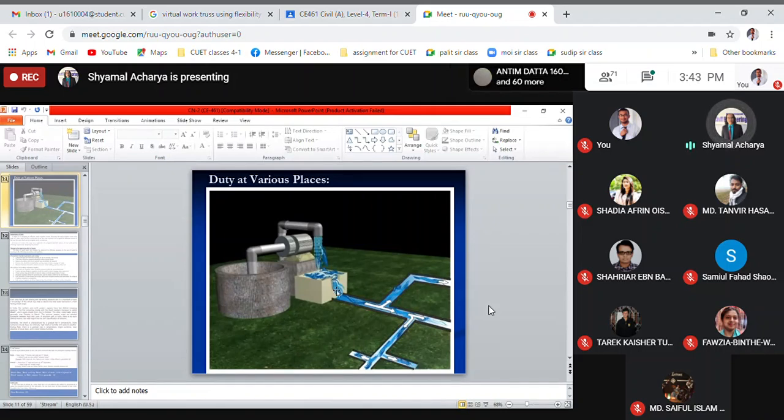But whenever you are calculating water from here, whenever it is proceeding towards this direction, a huge amount of water will be lost because of different reasons. So at this location, you will get less water as compared to this area.